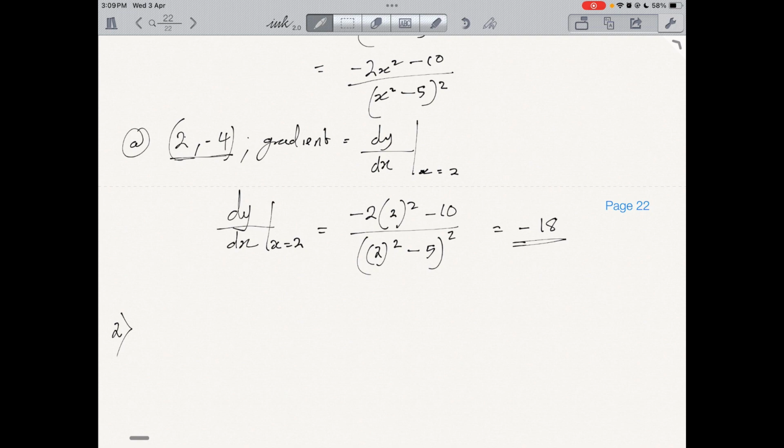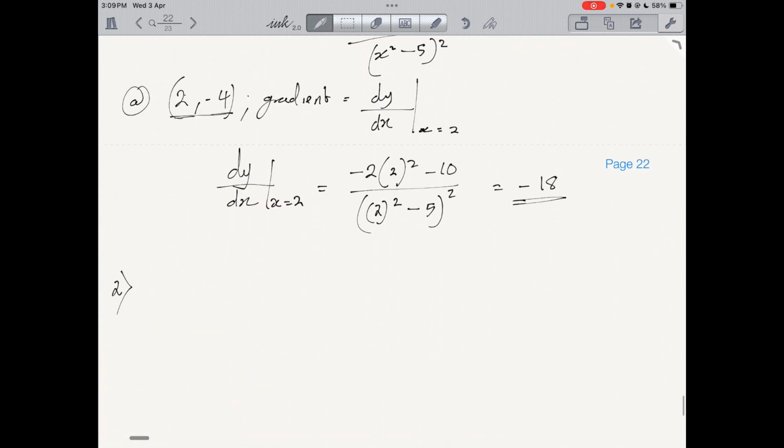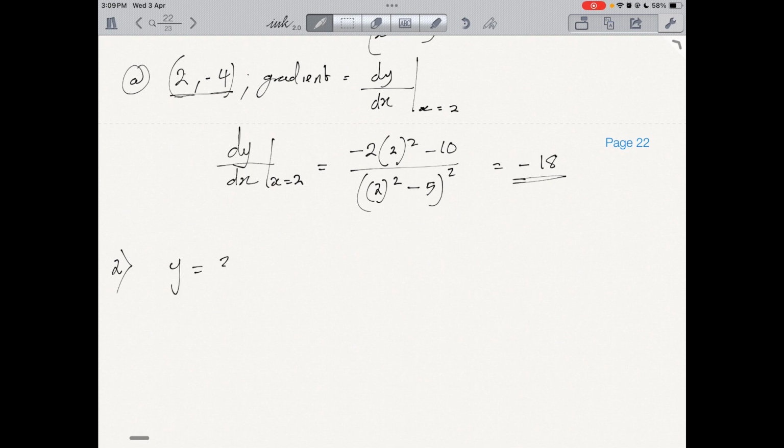And let's look at the second question. The second question says, find the gradient of the curve of this equation. That's y equals 2t raised to the power 4 plus 3t squared minus t plus 4.